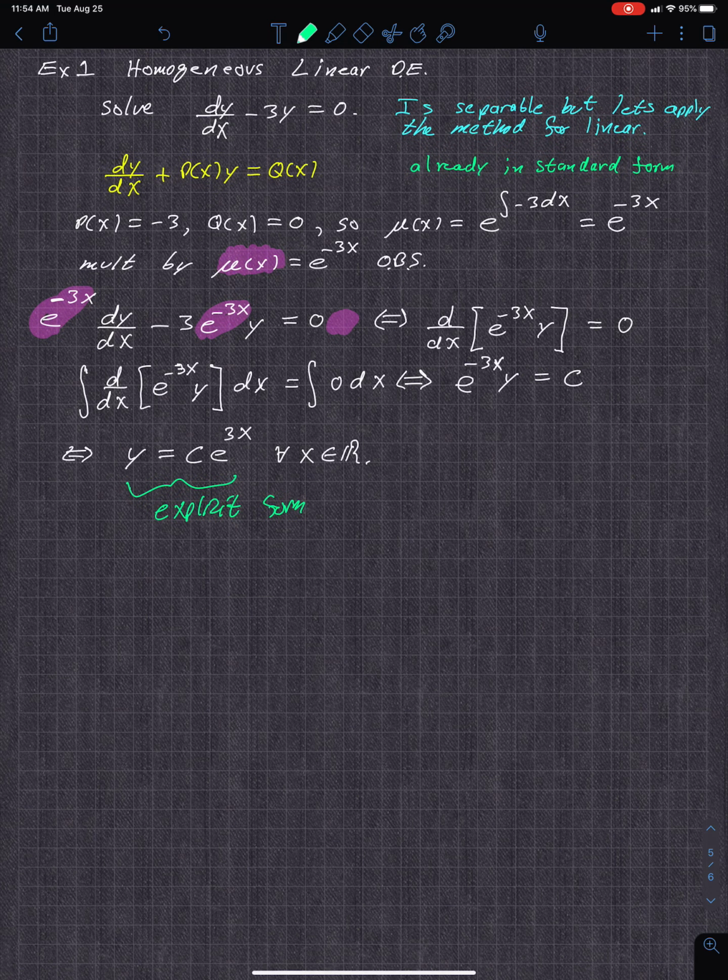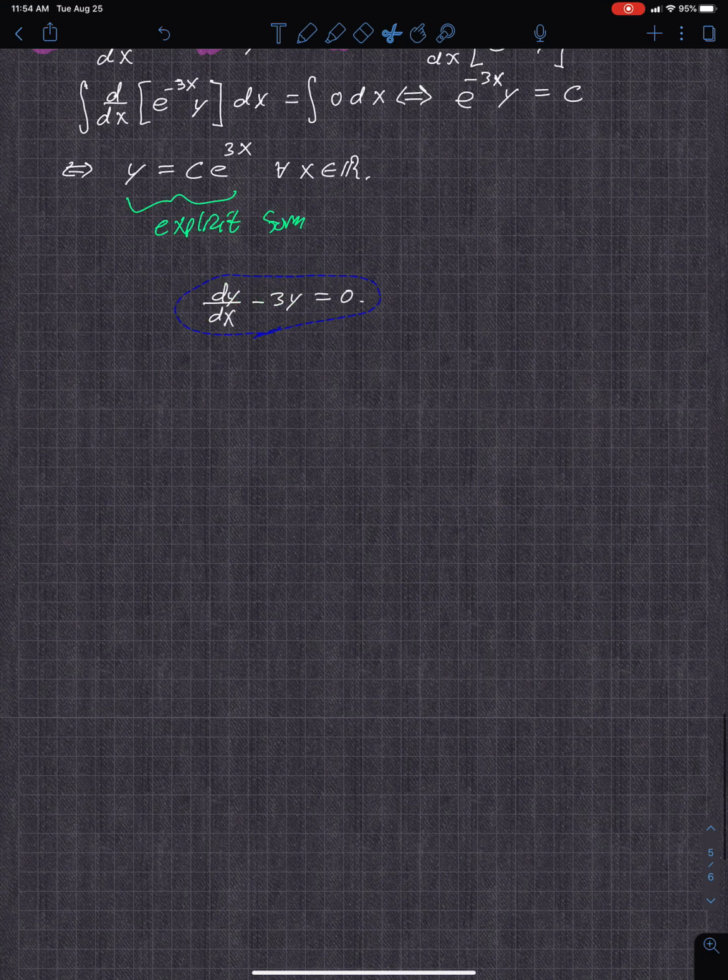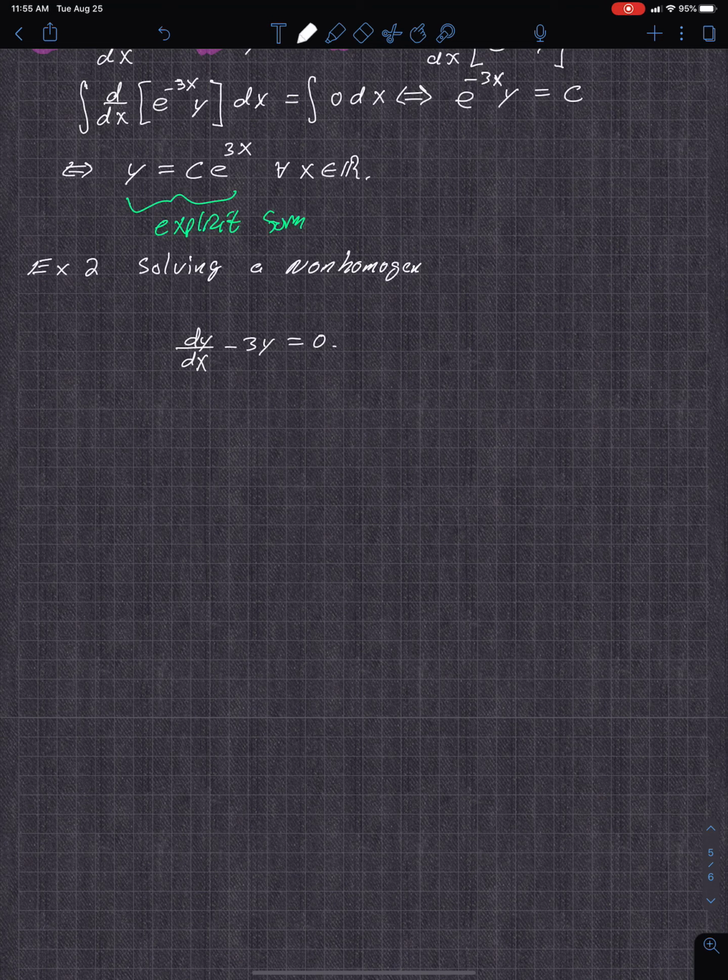Okay, let's do another example. This one is going to be the same. I'm going to write the same one above, but I'm going to make it equal to a constant. I'm building in degrees of difficulty here. So next, example 2, solving a non-homogeneous linear differential equation.